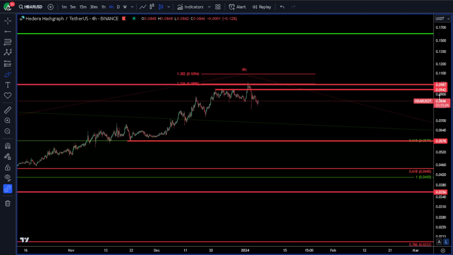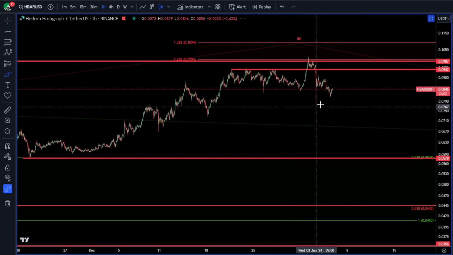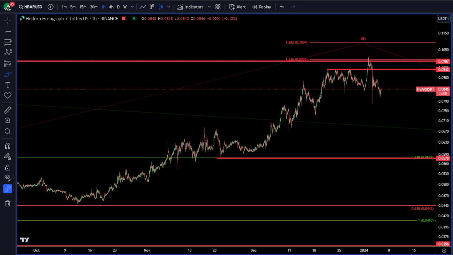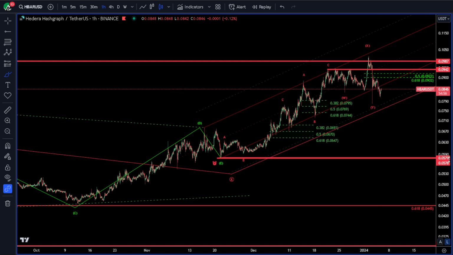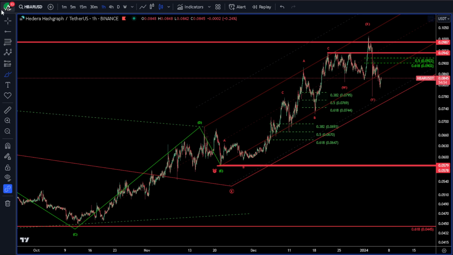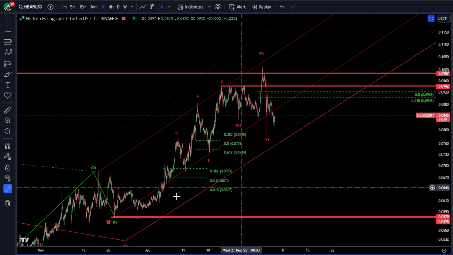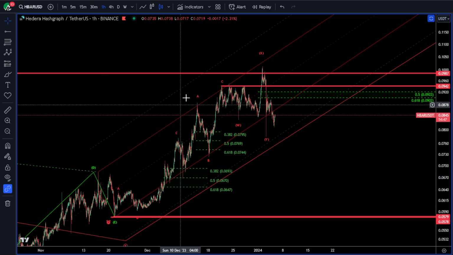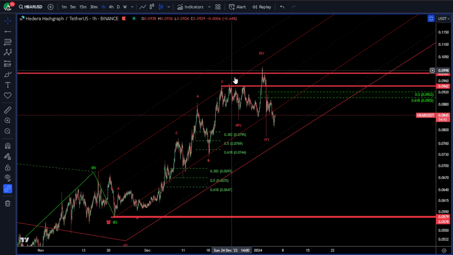Now down at the 4 hour, or sorry, the 1 hour. This is the most bullish one I was working with, which is, this is our W wave or A wave in a very complex correction.